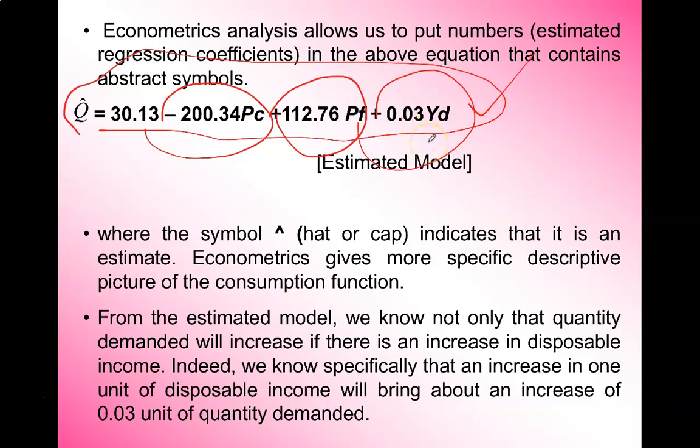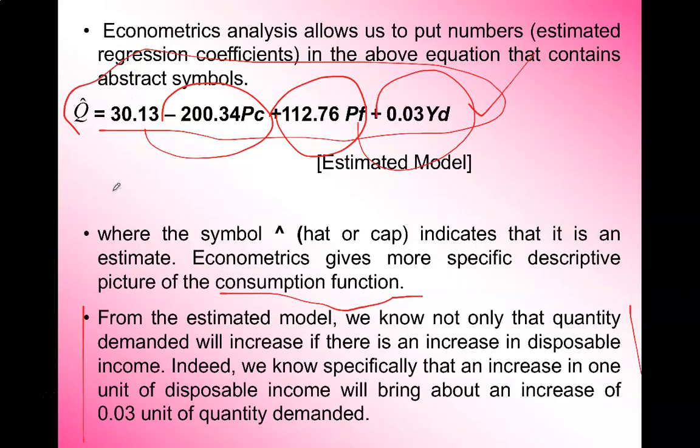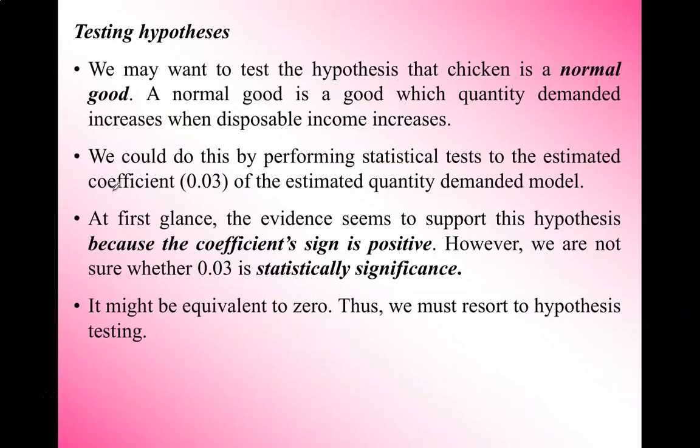It means that when disposable income increases, quantity demanded increases, right? So this is how you can interpret it. You can interpret, for example, this quantity demanded function that we estimate. Now we can do further testing, whether chicken is a normal good and so on, whether it's a positive sign, whether it's a negative sign, and whether it's a substitute good or a complementary good, and so on and so on.